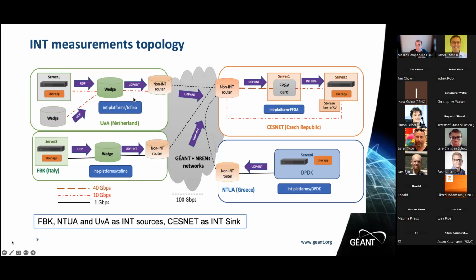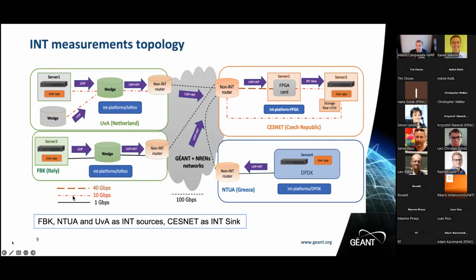And all these packets from UVA, Italy, and Greece are sent to the sink node, the FPGA sink node in CESNET. Why this? Because it was to avoid any specific further modification in the hardware we have, and also in the path we have.